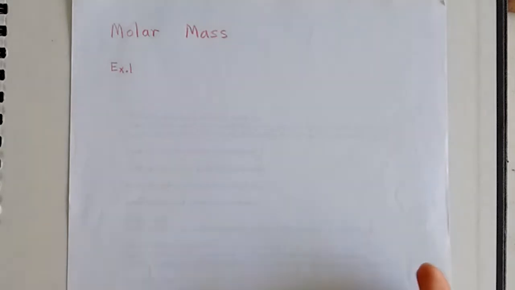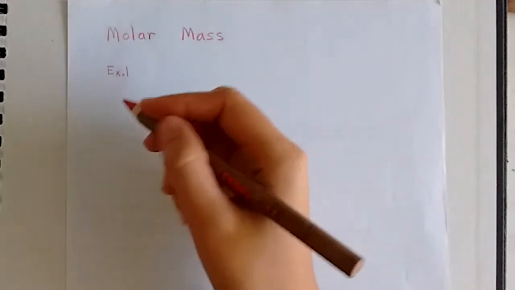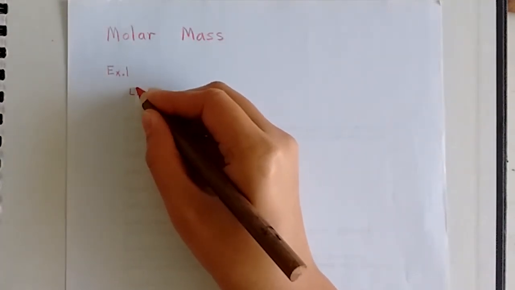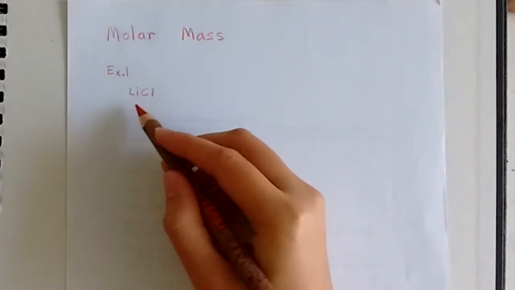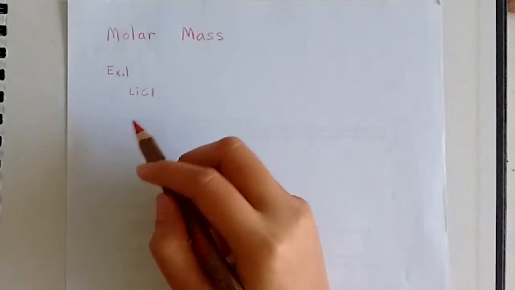Today we're going to talk about how to find the molar mass for compounds. Basically, we're finding the mass number in total for 1 mole of a substance. That's just saying that in a compound, let's say for our first example, lithium chloride, we're adding up the weight of lithium plus the weight of chlorine.